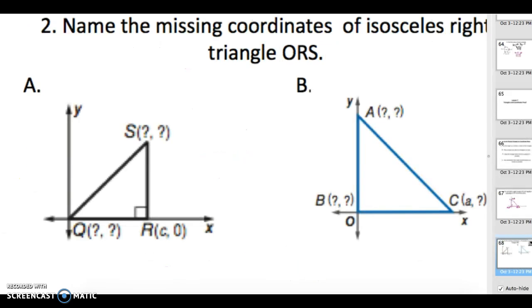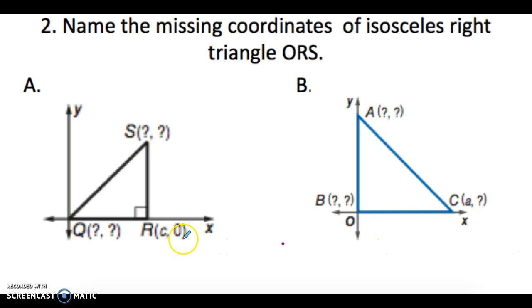I want you to name the missing coordinates of the isosceles right triangle QRS. I'm sorry, this should be a Q. Okay, so what do I know about this triangle?